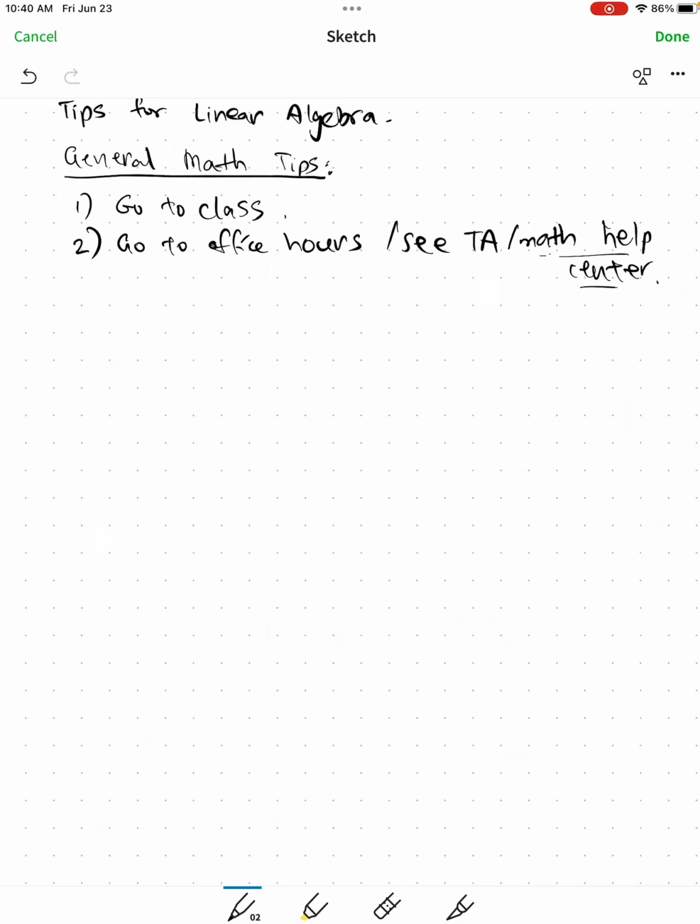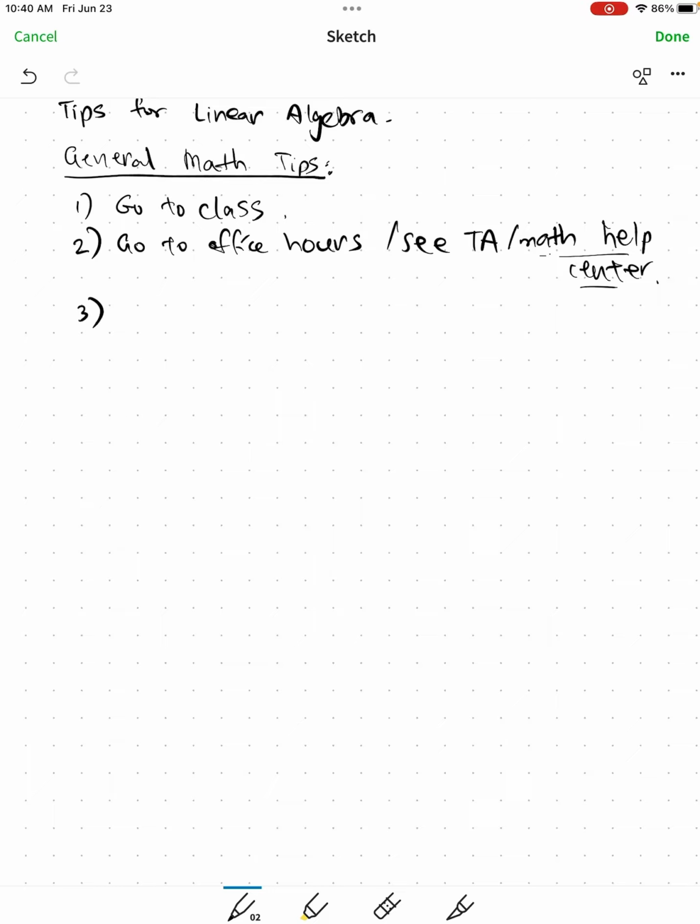That's typically a sign that you have a lot to work on, and in that case, it really is better to go back to your notes and maybe talk through your notes with someone. If you have notes that you're trying to understand and you don't understand, it's a good idea to talk through them with a TA or someone at the Math Help Center to get you back on track.